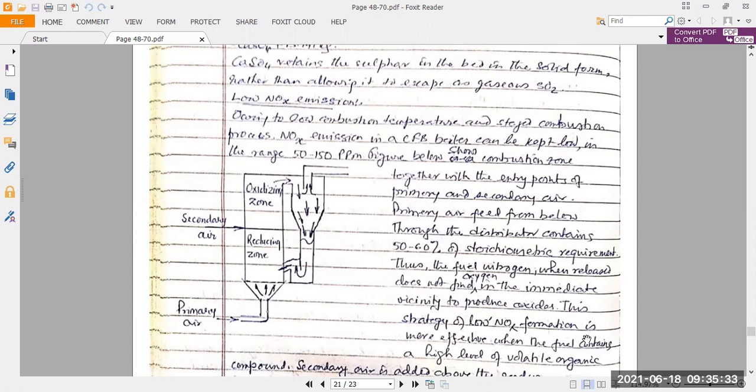Now, this strategy of a low NOx system is more effective when the fuel contains a high level of volatile organic compound. Secondary air is added above the reducing zone. Since the fuel nitrogen is already transferred into molecular nitrogen, there is limited opportunity for the formation of NO2.